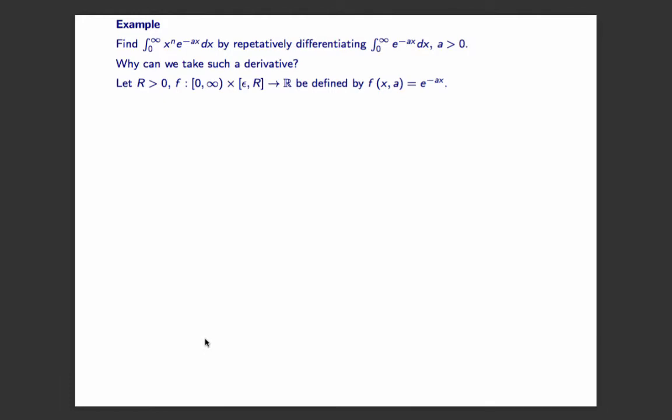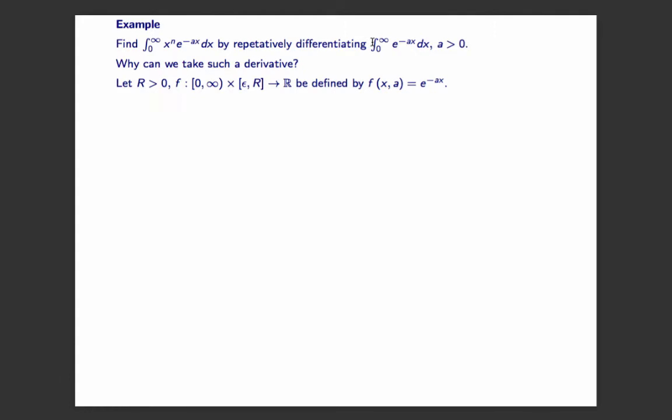So let's consider our half strip of 0 to infinity by epsilon to r. And f, right, is this integrand here. f of x comma a is e to the negative ax. So I have a function of a and x.